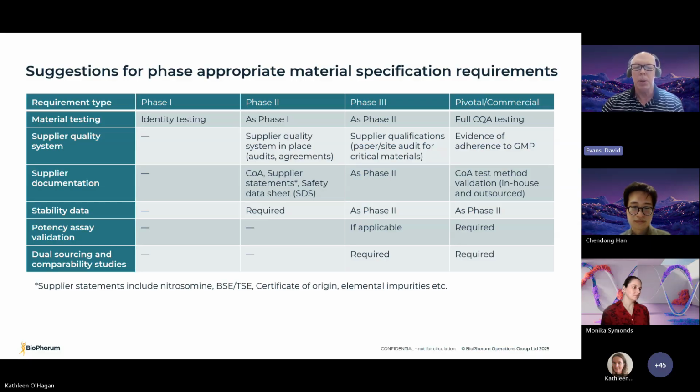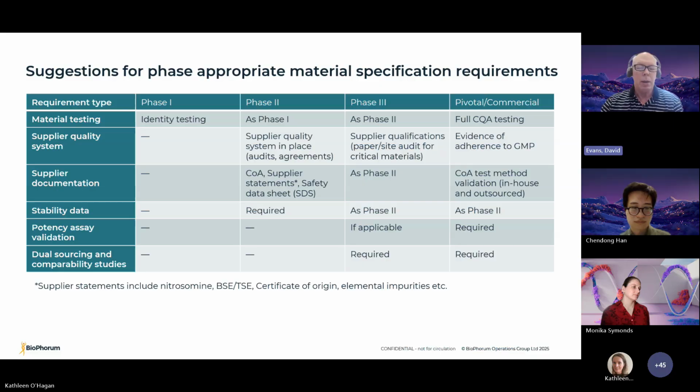That is pretty much a site audit for all your critical materials. And as you can see, the documentation and stability are the same as phase 2. And on your potency, or anything that's required for your process, that's applicable to your specific process. So if you need some kind of potency verification, you would do that on your own based on your process.